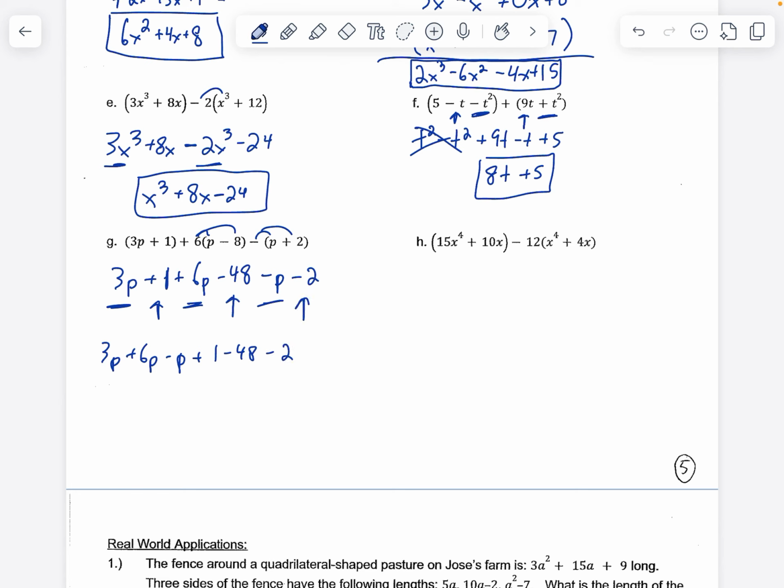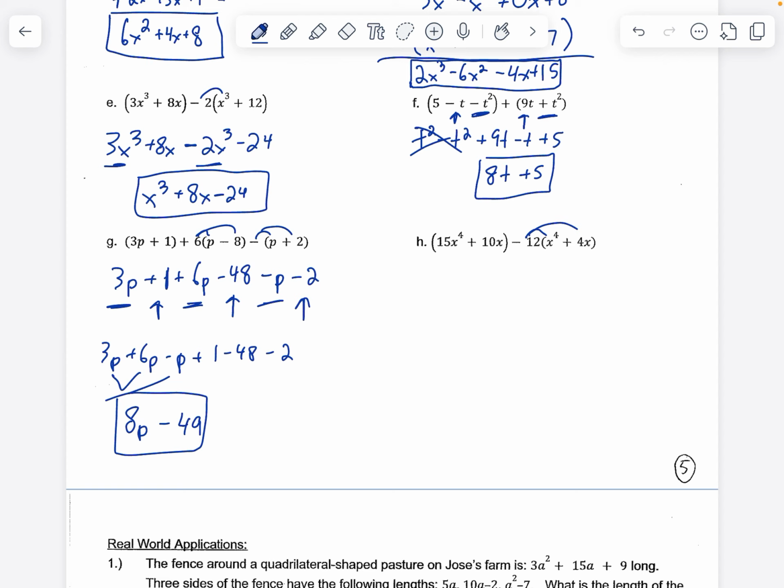It's important to keep the signs in front and to show your work reorganizing with like terms. So 3 plus 6 is 9p, minus p is 8p. 1 minus 48 is negative 47, minus 2 is negative 49. So 8p minus 49 should be our final answer for G.